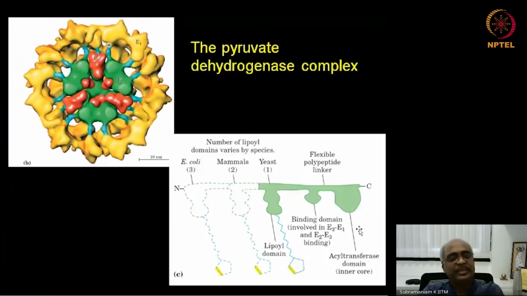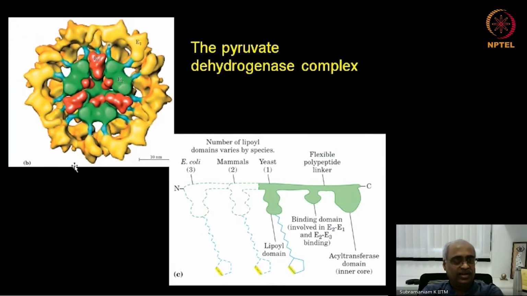So now let us look at the enzyme itself. This structure comes from several studies involving cryo-electron microscopy as well as crystal structure solving, and all put together this is a summary model. Here, I told you this enzyme complex has 3 enzymes, and those 3 are in 3 different colors.